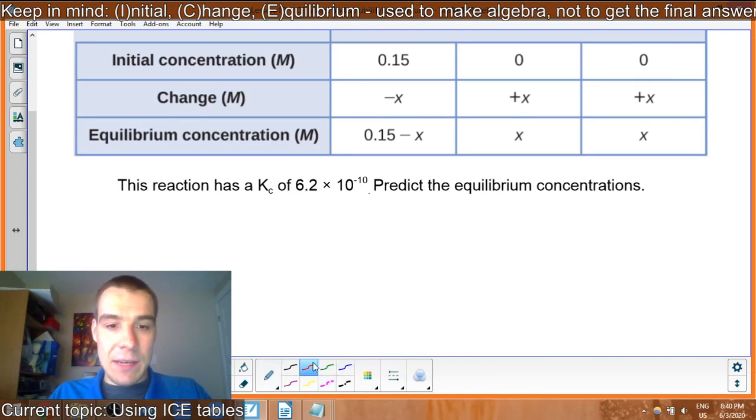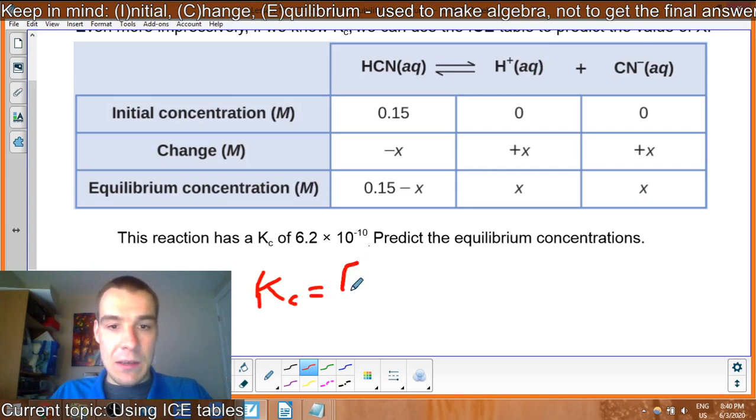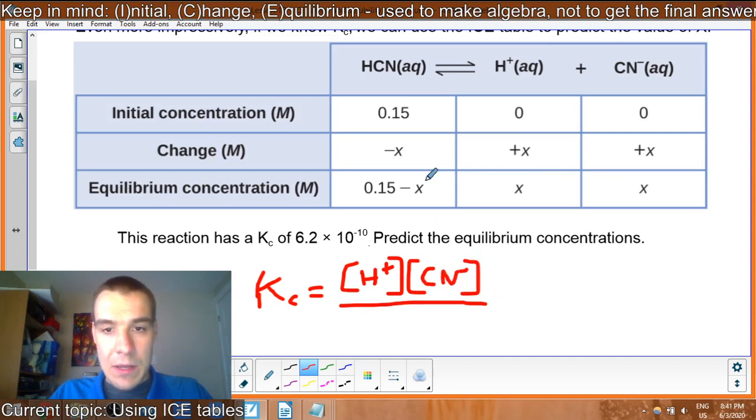We have to write down an expression for K. So here's our reaction up here. We just did this in the previous video, so if you're confused about what I'm about to do, K, the concentration K, is going to be the H plus, the CN minus, products over reactants, over the HCN.